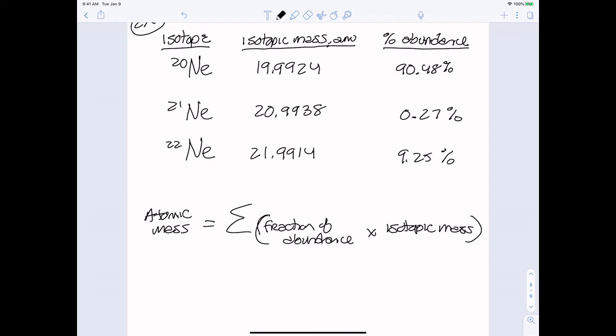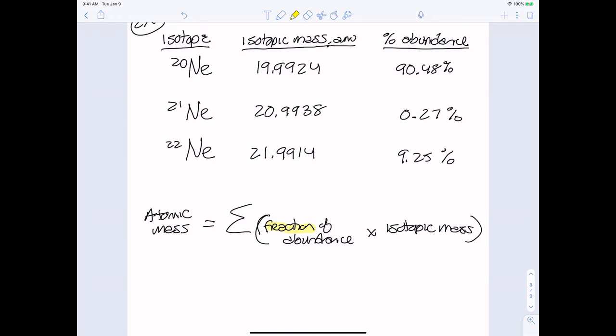That's a parenthesis, sorry. Essentially, and I know this isn't a word, but it works for me, I'm going to unpercent it. We want the fraction of abundance, not the percent. So instead of taking 90.48, I'm going to take 0.9048. I'm going to move my decimal place to the left 2 places.